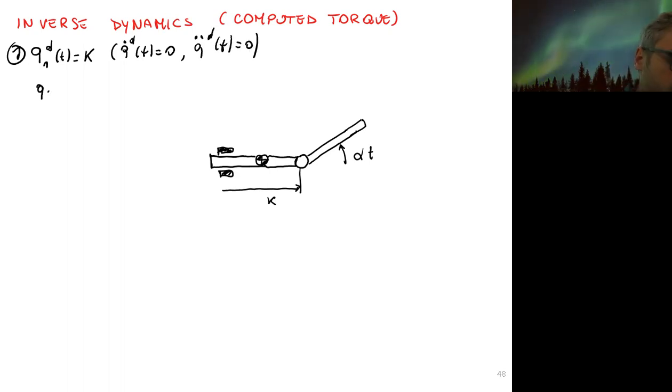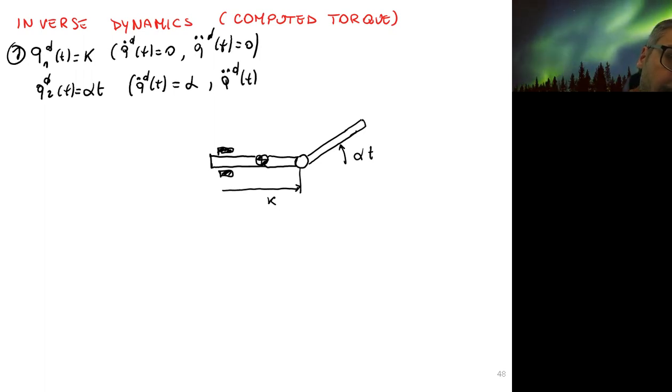The second joint, instead, rotates at a constant angular velocity alpha. So this is the angular position. The constant angular velocity is alpha, and the acceleration, because the velocity is constant, will be 0. Zero acceleration means zero inertial forces, so I expect not to have inertial forces.